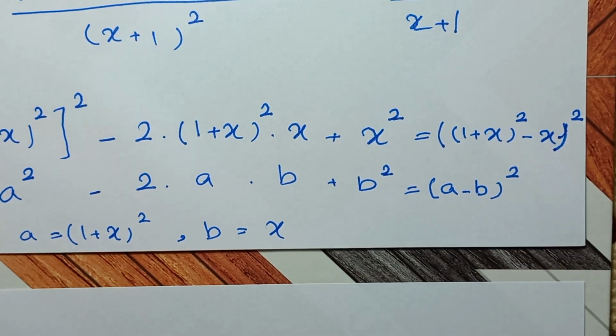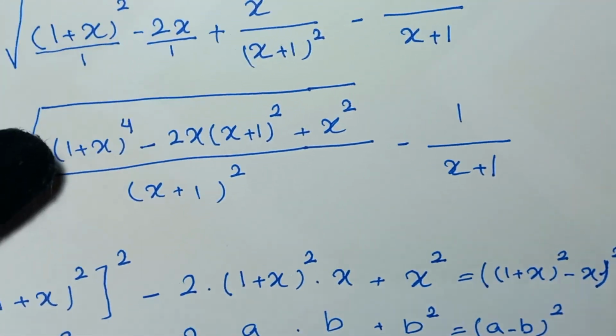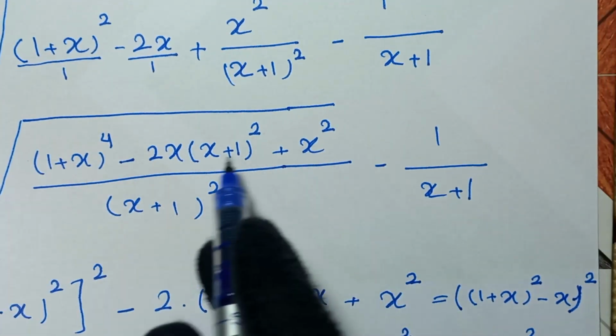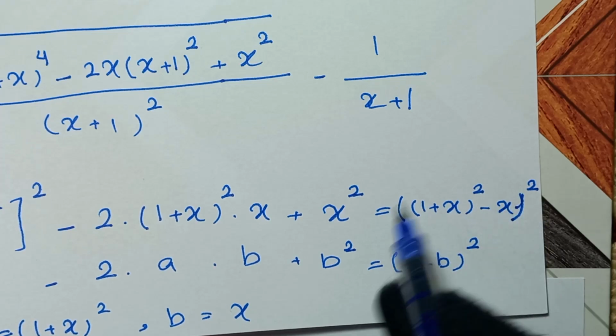So here, we write this numerator as (1 plus x) to the power of 2 minus x, all to the power of 2.